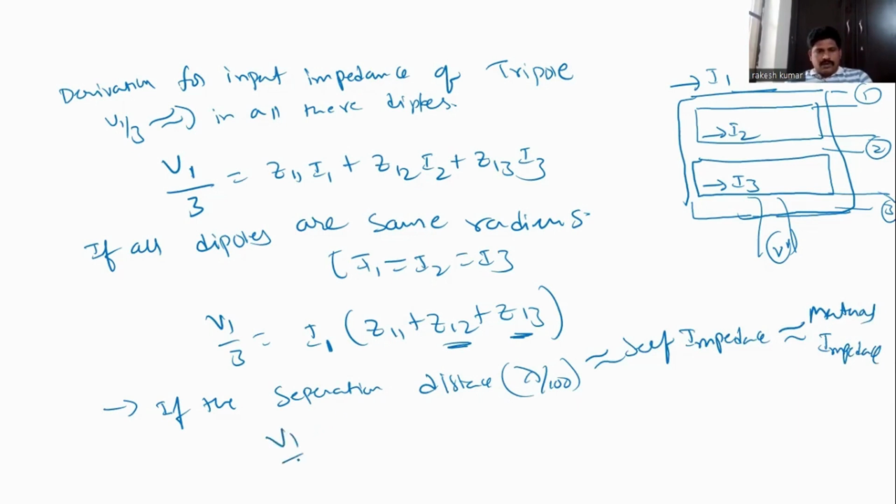Therefore, V1 by 3 is equal to I1 into 3Z11, so V1 by I1 is equal to 9Z11, which is nothing but the impedance Z of a tripole.